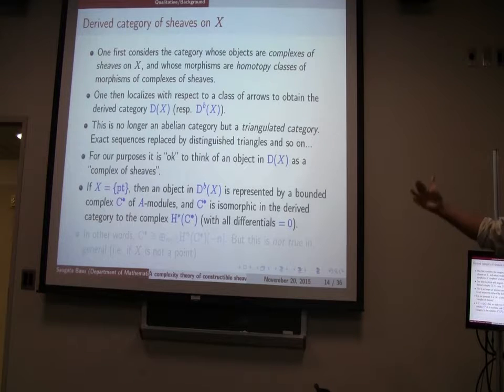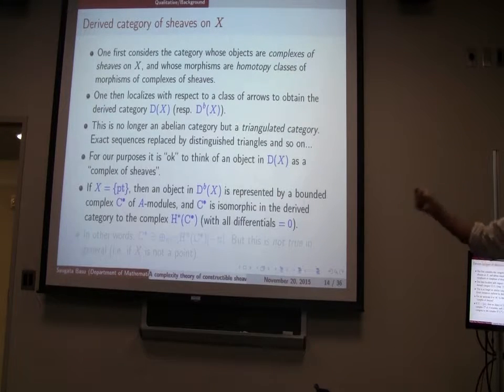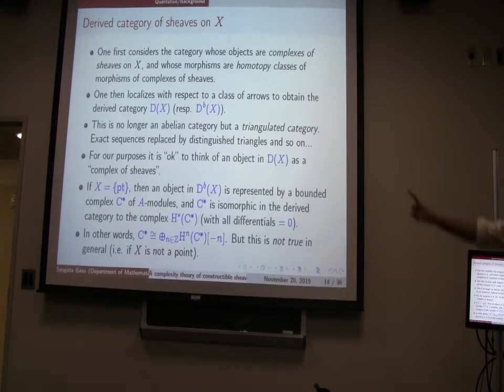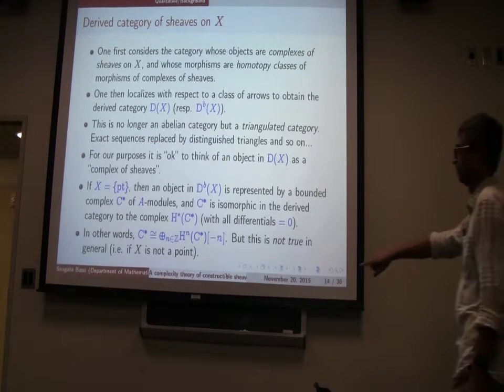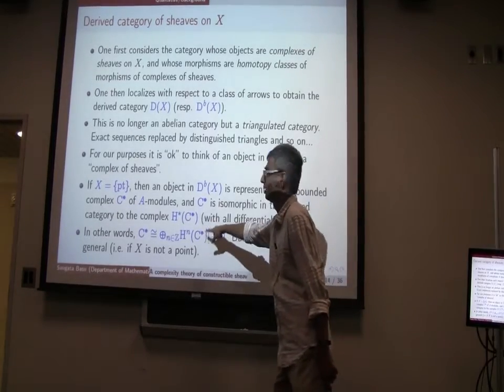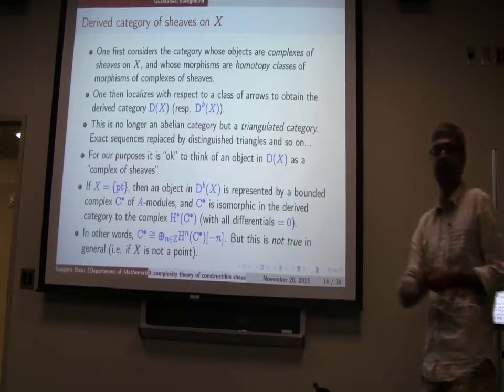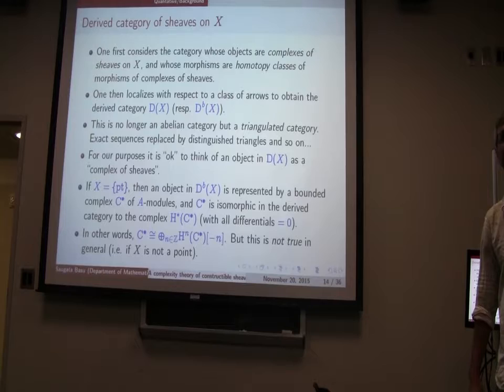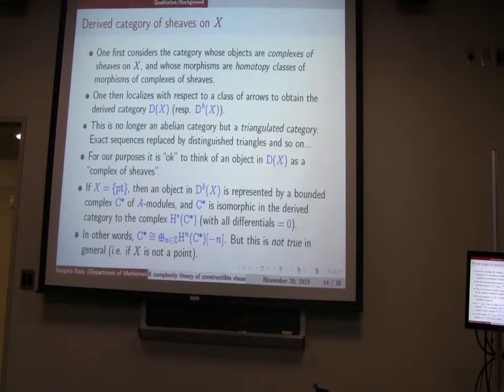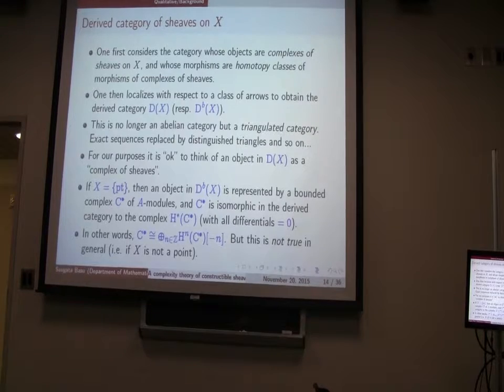It's not true if X is not a point, but if you're in the category of just vector spaces, the object in the derived category is the same. So in other words, a complex is this, with differentials. Just to make sure, the differentials here are these restrictions to boundaries, coboundaries business?